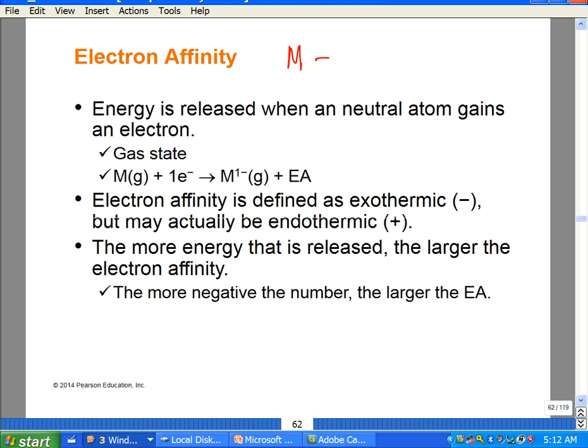This time we're putting it in as a reactant, so on the left side. When we add an electron to something, we increase the units of negative charge for every electron gained.